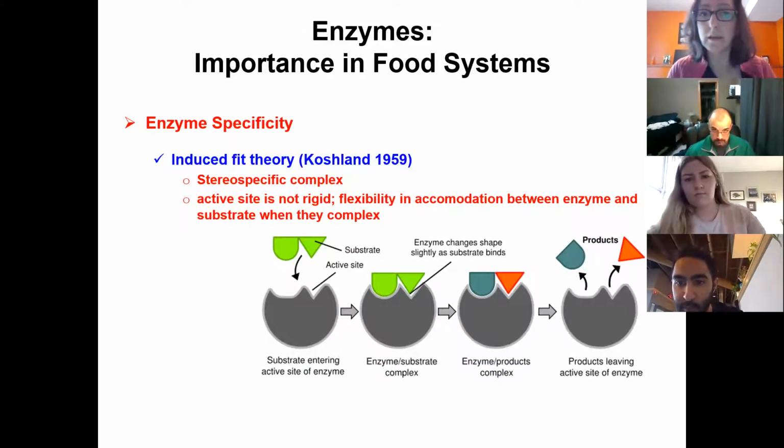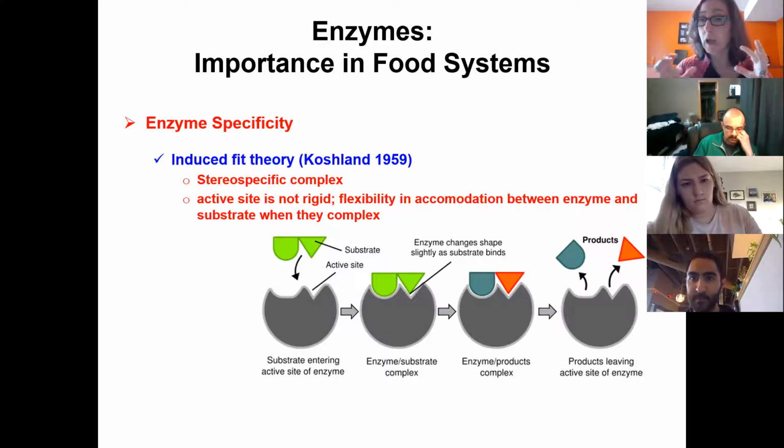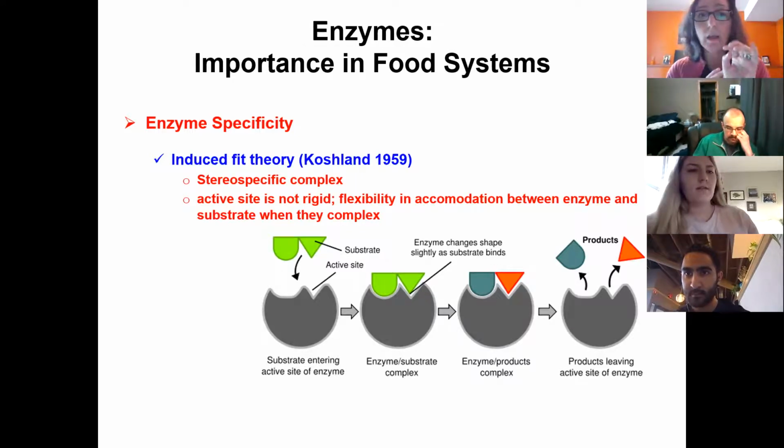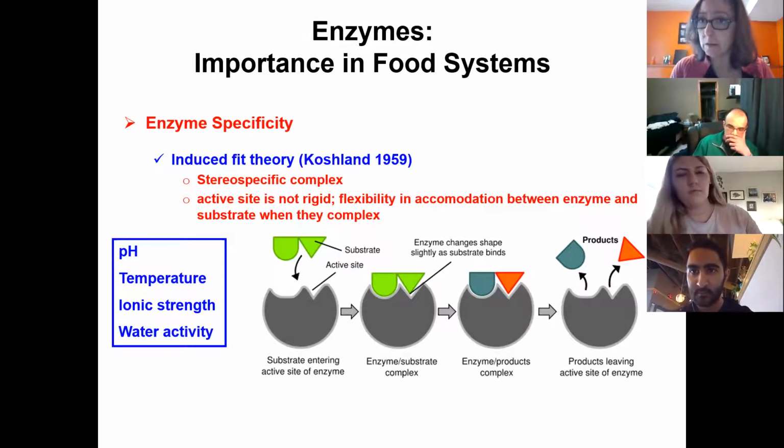So in reality, in the 1900s, they discovered that the binding is really an induced fit. So the active site is not a rigid site. It can change in structure and mold itself to be able to bind stereospecifically to that substrate. And what impacts the structure of the active site, as well as the binding site, is our environmental conditions.